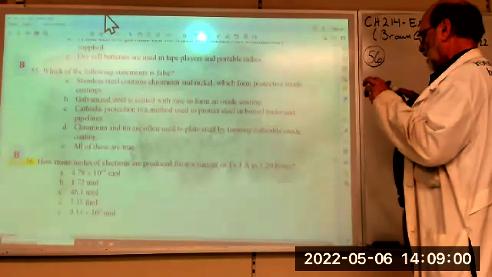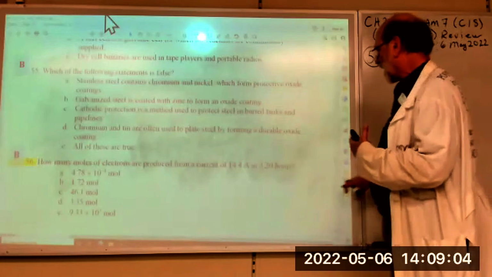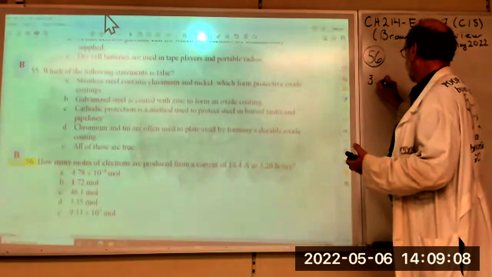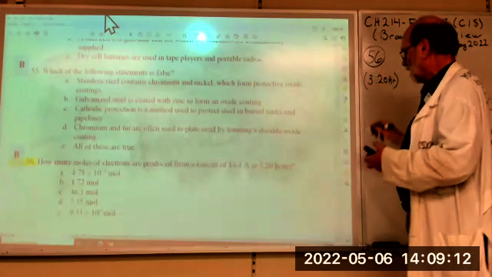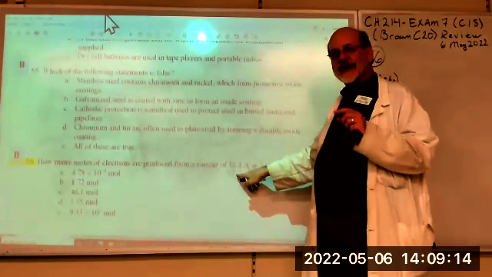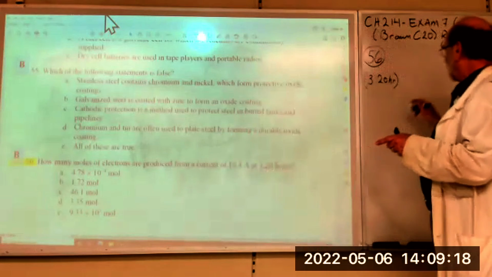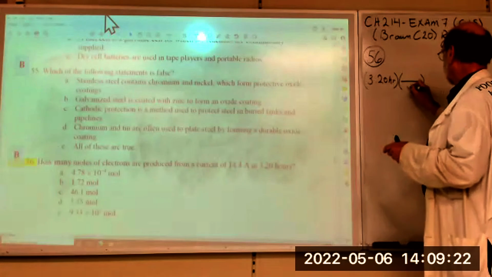Okay. So if we start with how many hours it takes, 3.20 hours. Amps is in terms of seconds. It's coulombs per second. So we need to convert this to seconds. Right? 1 hour.